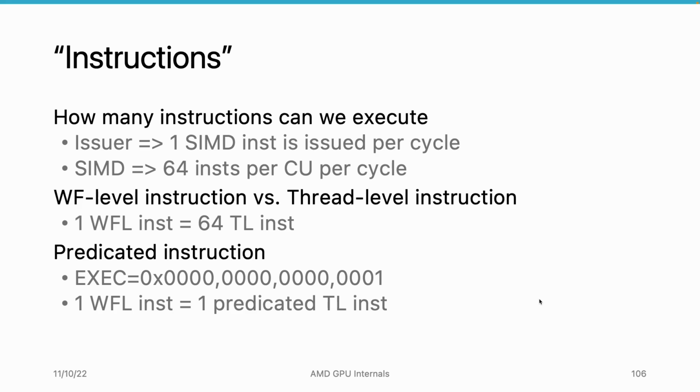Remember, it still takes 4 cycles for the SIMD unit if it's predicated in this way. You're actually taking 4 cycles to execute only one instruction. That is actually a waste of the computational power of SIMD units. That's why we want to avoid thread divergence. We want to keep the execution mask as full as possible.